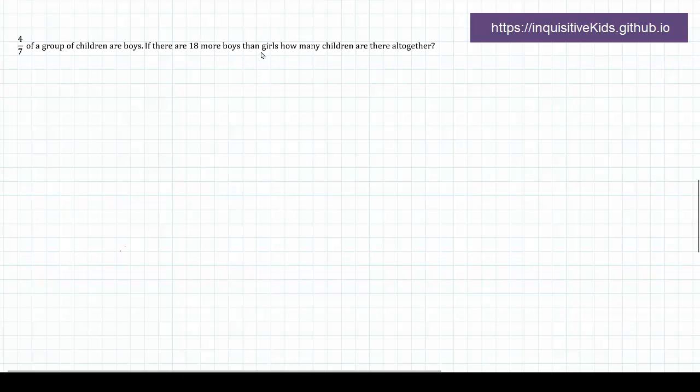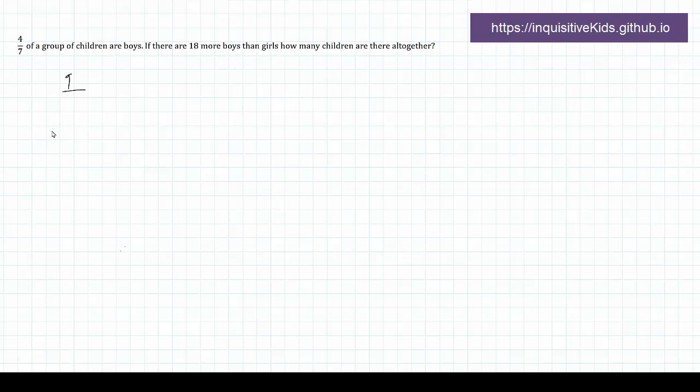So we know our first step just like last time is to think of the whole group of children as one whole, and to figure out how many children there are altogether, we need to know how many girls there are. Well, we already know that 4/7 of a group of children are boys, and that there are 18 more boys than girls.